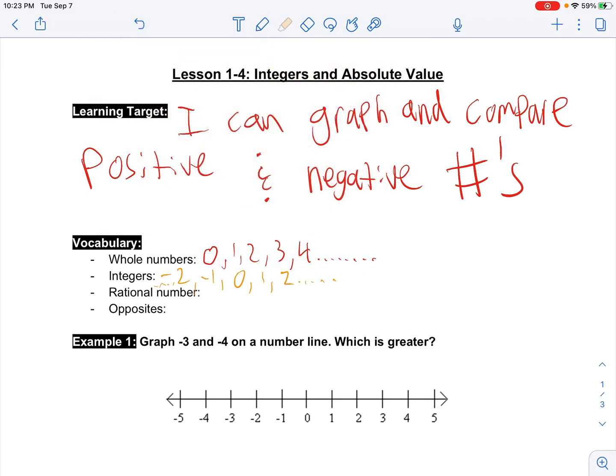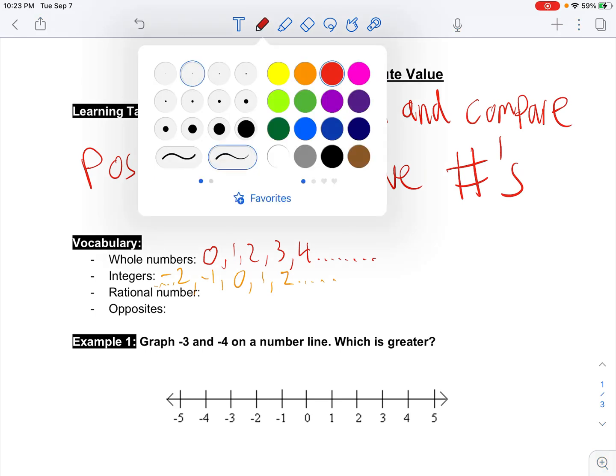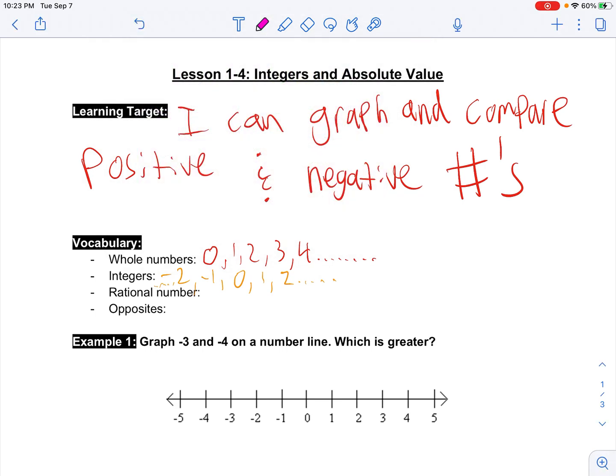Integers are all positive and negative whole numbers. That includes 0. A rational number is any number that can be written as a fraction. So, for example, I could say 1/2 is a rational number.